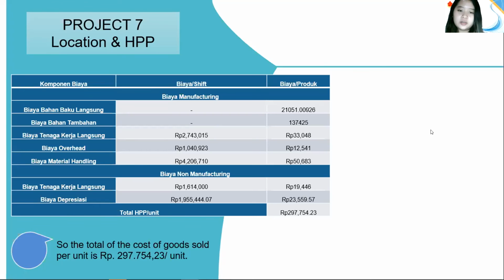The non-manufacturing cost comes from the indirect labor cost and depreciation cost, using the straight-line method. Then the total cost of goods sold is 297,754 rupiah.